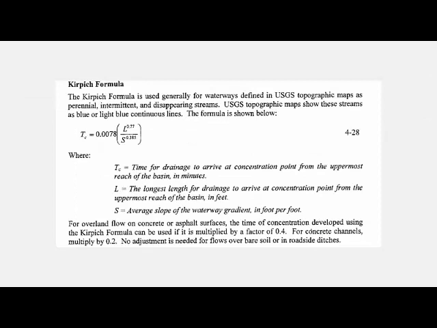What happens here is that there's a little bit more information. So for example, the Kirkpatrick formula is used for design of parking lots, and if you have concrete or asphalt surfaces, then you calculate the time of concentration using that equation, and then you have to multiply by a factor of 0.4. So this is a very common methodology to use. Okay?